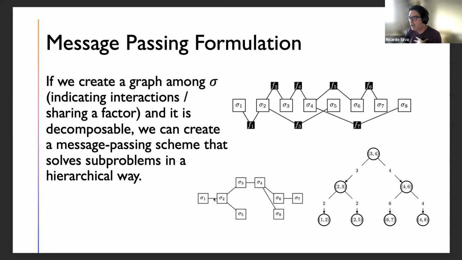This is a graph that is assembled by checking which regime indicators belong to a common factor. By looking at this graph and seeing there is some sort of separation, I could think of some problems I could partially solve without necessarily solving the entire problem, for instance. So even if you don't have a global identification principle, you may be able to solve some partial identification for some subsets of combinations.